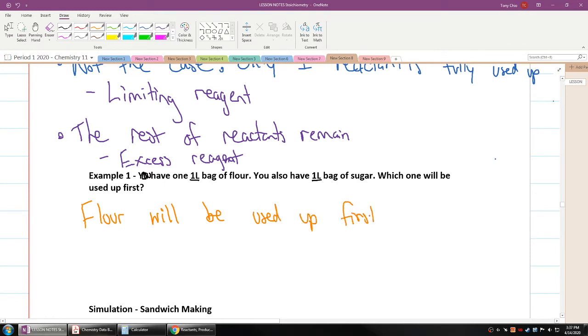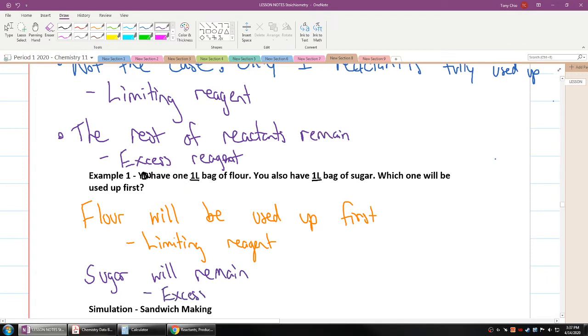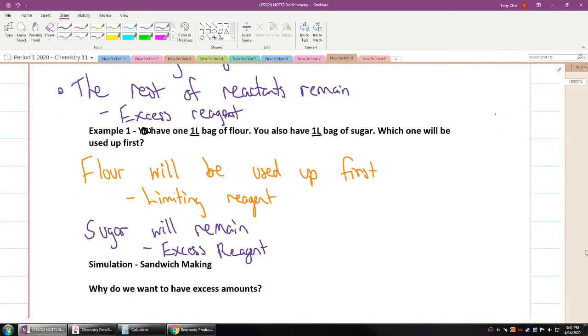And because it will be used up first, this is your limiting reagent. Your sugar will remain. And because it will remain, this is your excess reagent. So this is how you use the words excess reagent and limiting reagent.